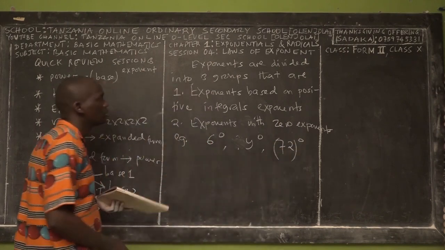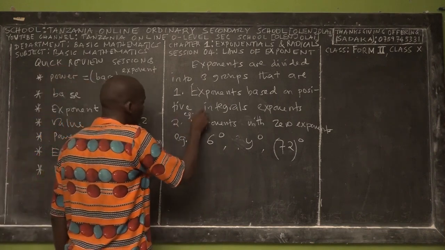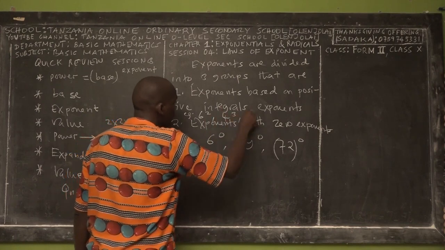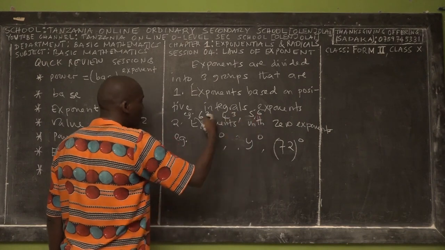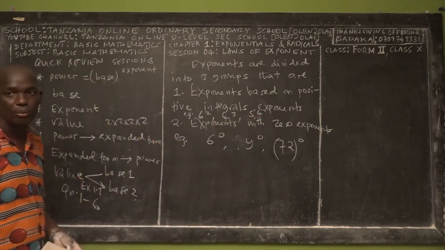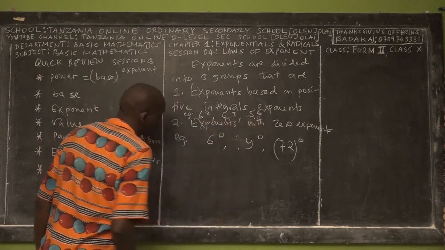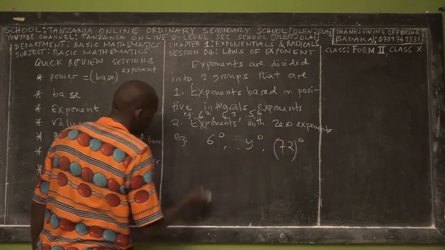So this is what it means. For positive integrals, for example, 6 power 2, 4 power 3, 5 power 6. These are positive integral exponents.